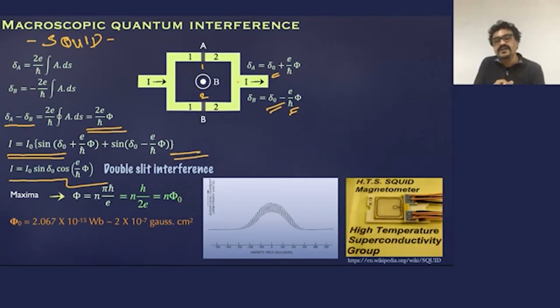That means whenever the field through this ring changes by phi 0, that is h by 2e, you will get a full oscillation of the current.